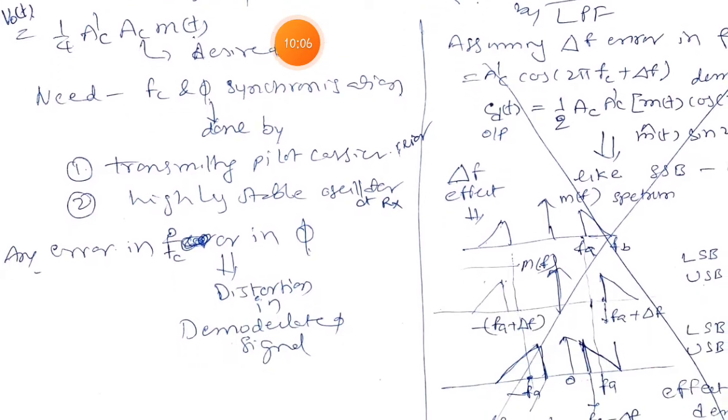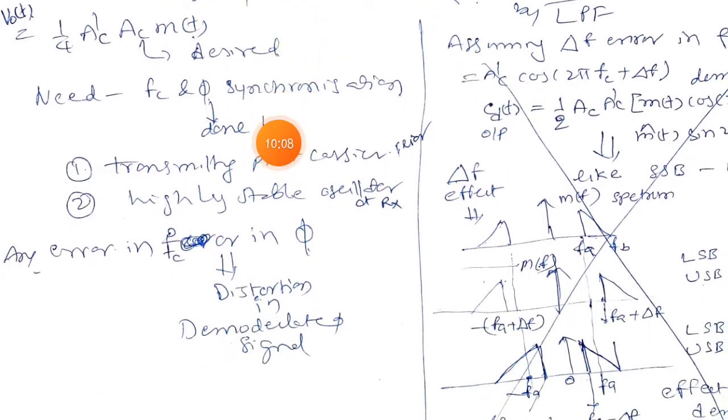What is needed to get the desired message signal without distortion? It requires that the carrier frequency and phase be synchronized. That is done by transmitting a pilot carrier, or by using a stable oscillator.